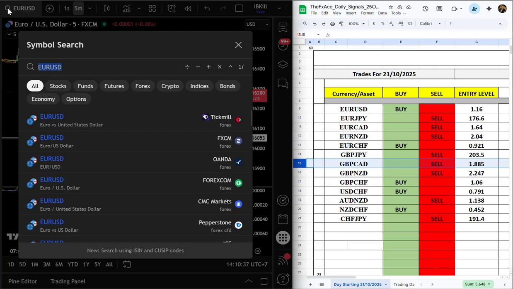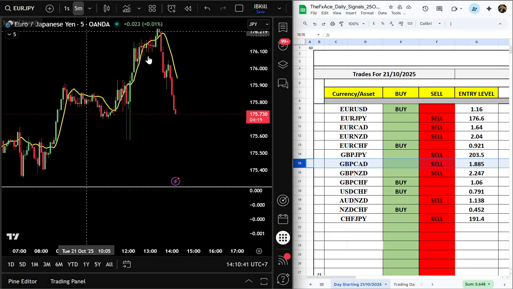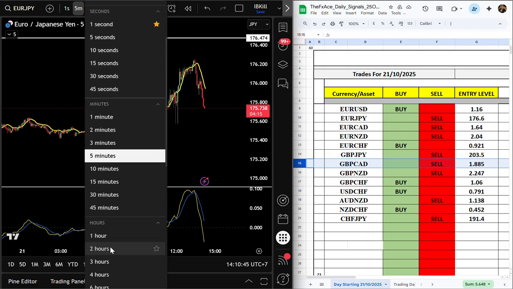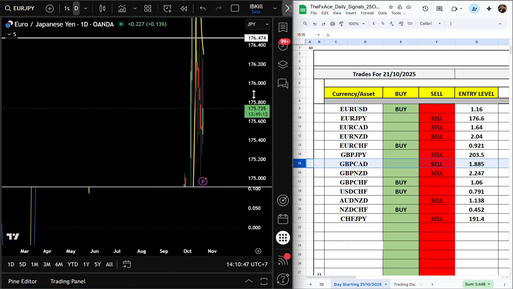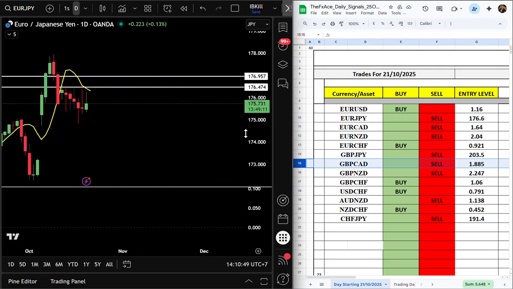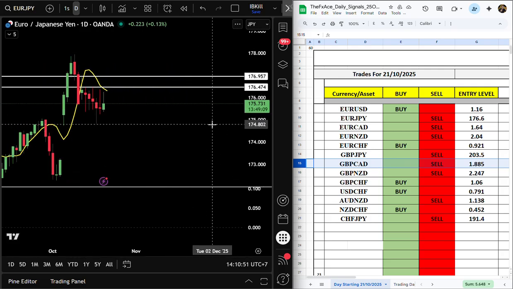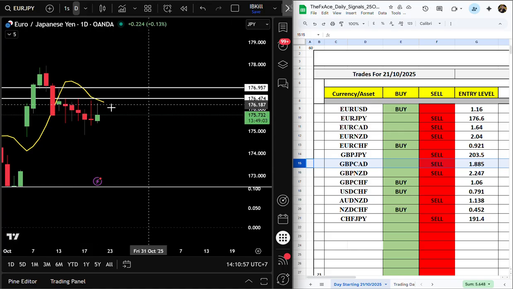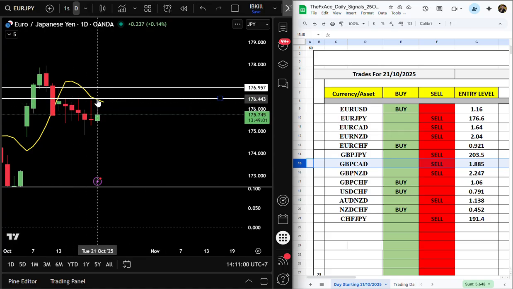Let's do another one, the EURJPY. Okay, it's dropping heavy now, but what I was looking at on this was the election result, the PM vote today in Japan. Basically, what I'm looking to do on this setup is we've got the resistance here.